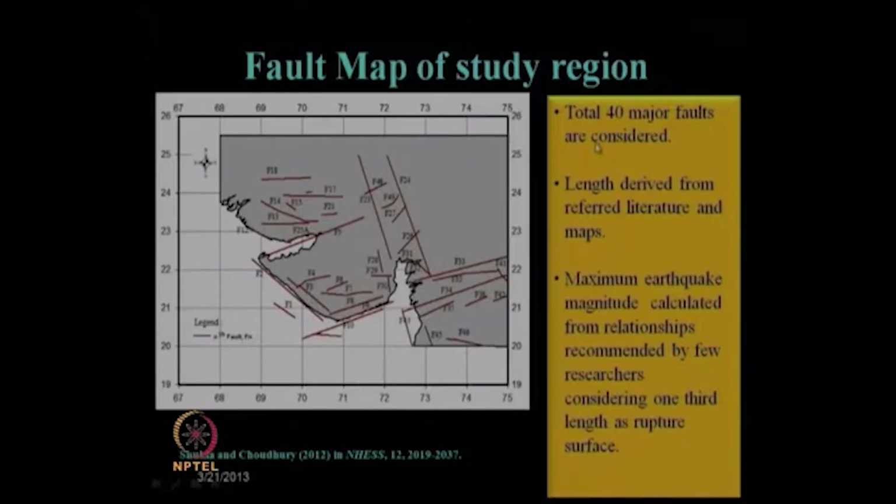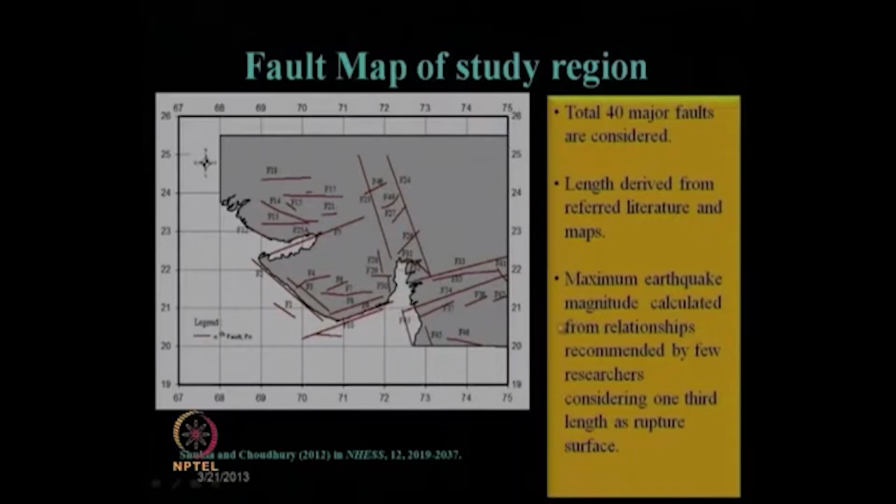Okay. So, among all these faults, a total of 40 major faults are considered in the analysis, and the length of each fault has been obtained from the available literature and maps, or you need to collect this fault data from a seismologist or geologist when you are starting your seismic hazard analysis.